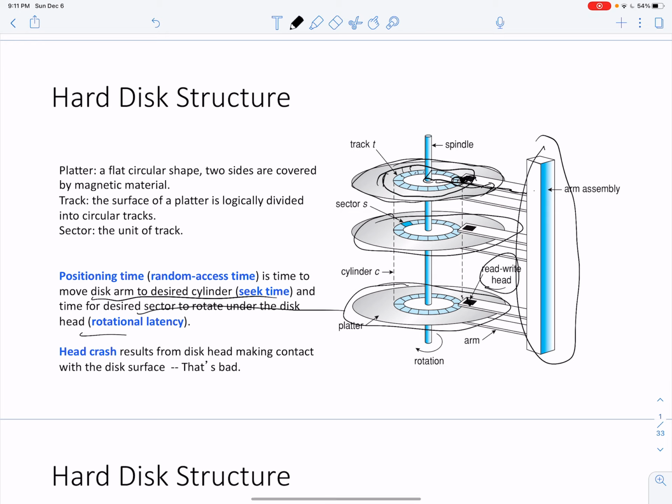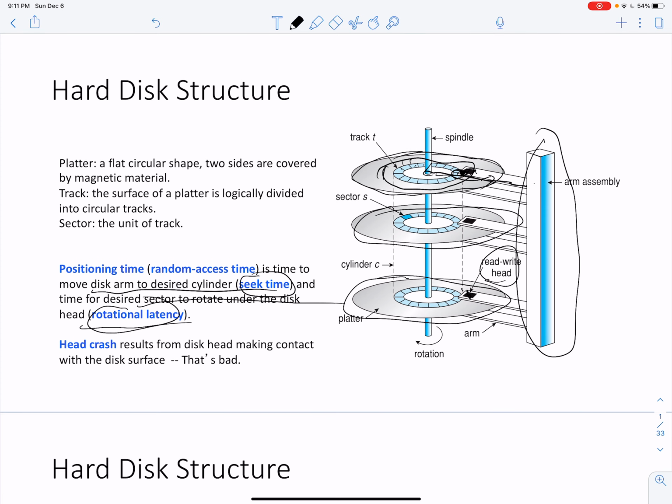So there are two things we need to do: move the arm to the desired cylinder, and rotate the hard drive so that the head points to the desired sector. The first is the seek time, the second is the rotational latency, and the combination of them is named the random access time.